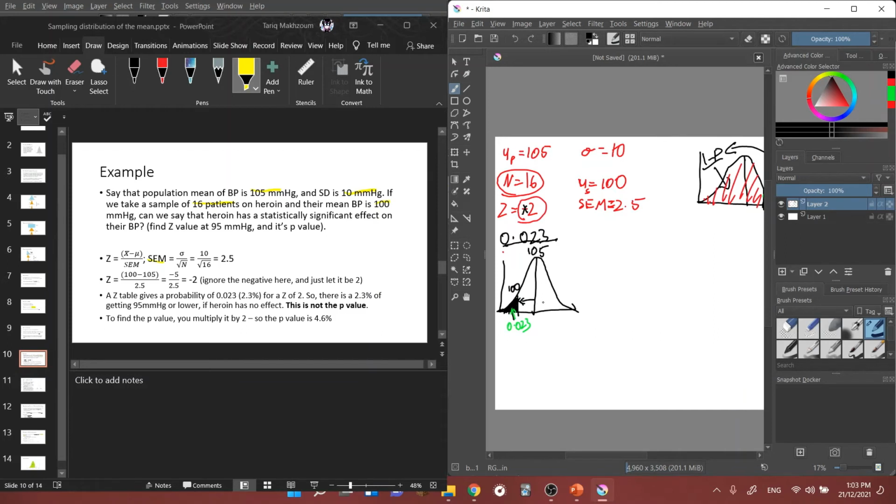And so what we need to do is we need to look at the opposite side of the graph, right? Because this number over here is equally far from the mean, it's just on the other side, right? And because it's a normal distribution and the graph is symmetrical, to find the probability of getting a value that's further away, that's this far from the mean, or further, sorry, I'm making a mess.